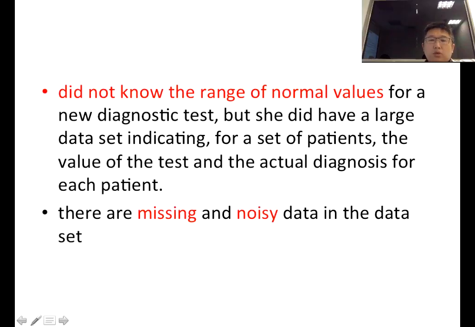If we go through the details of data mining, we need to deal with the missing data and the noisy data. There are some approaches for missing data. One approach is, if you have enough sample size, just ignore the data having missing results. But first, you need to prove the missing data is random, not associated with some condition.